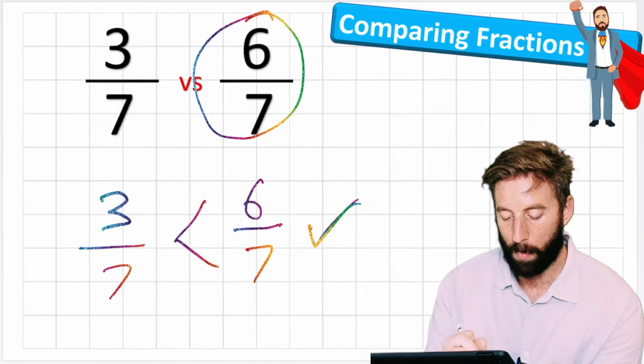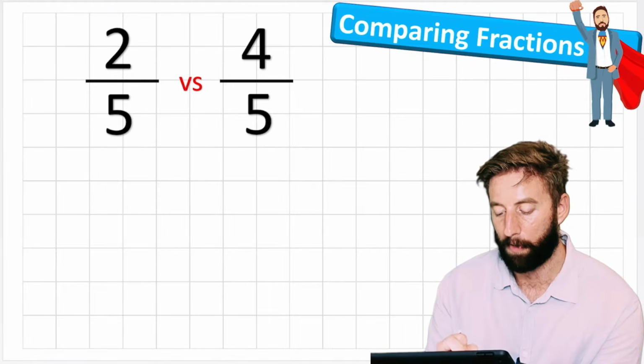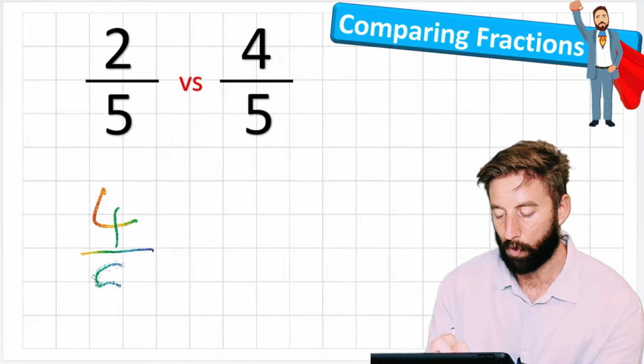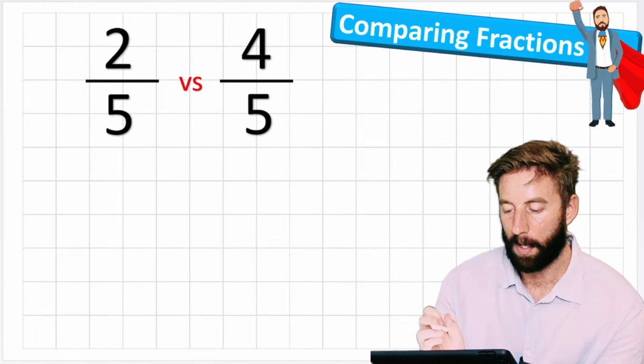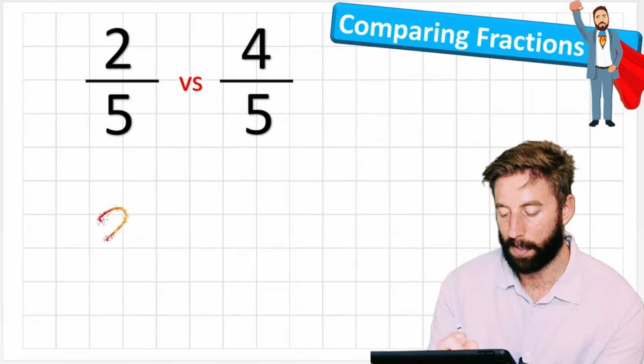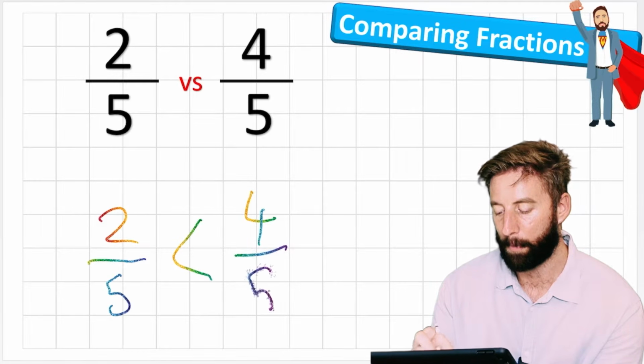Okay, let's do our last one. We had 2/5 and 4/5, and we agreed that 4/5 was greater than 2/5. Or again, I could flip that round and say that 2/5 is less than 4/5, and that would be right.